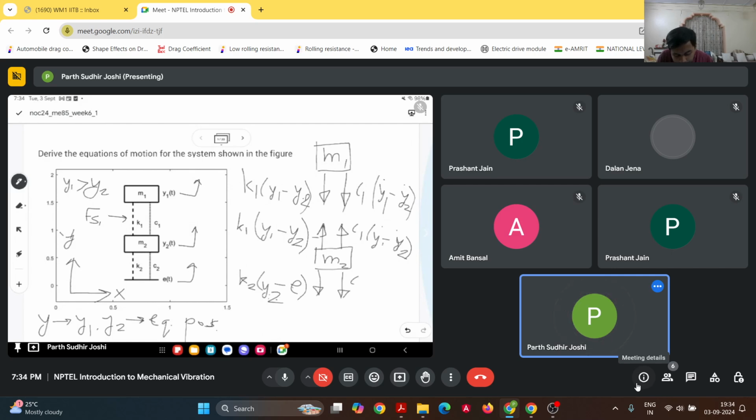And C2 into (y2 dot minus e dot). So those will be the forces acting on the mass M2.